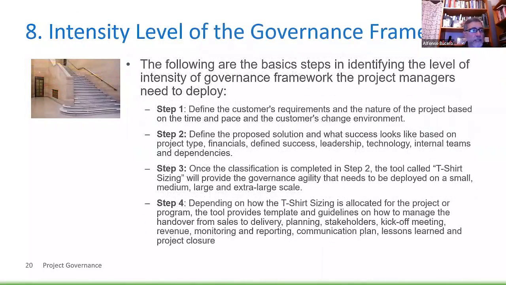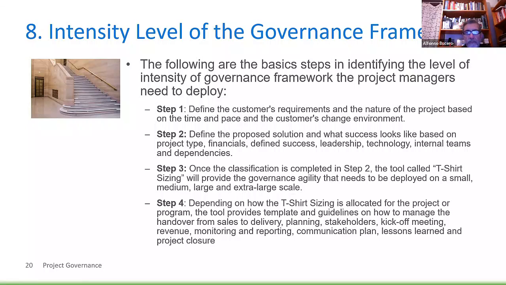And the following are the basic steps in identifying the level of intensity of governance framework the project managers need to deploy in a particular project. So my lessons learned are: step number one is you need to define the customer requirements.